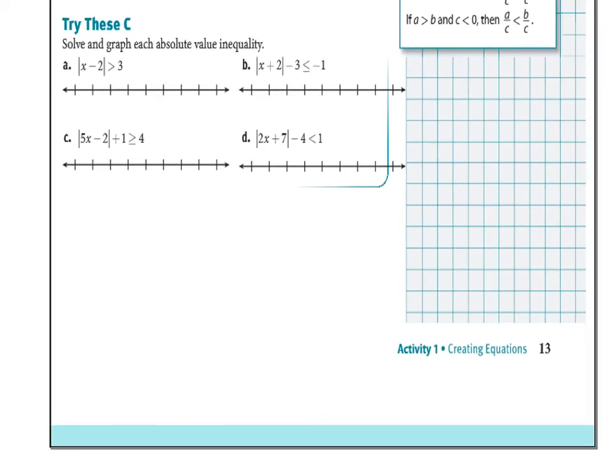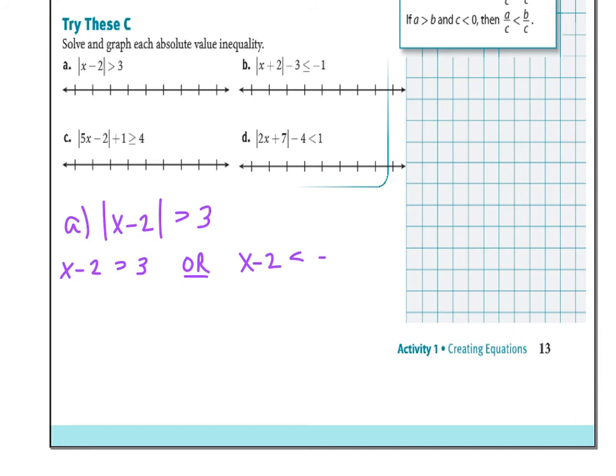All right, so let's do part A here. We have the absolute value of x minus 2 greater than 3. Since I know it's a greater than problem, I'm going to set it up that way. I'm going to set up x minus 2 greater than 3, just rewriting it without absolute value bars. And then the or, x minus 2 less than negative 3.